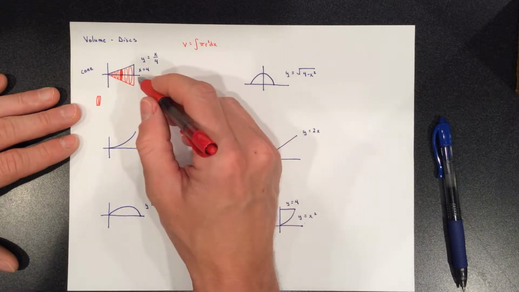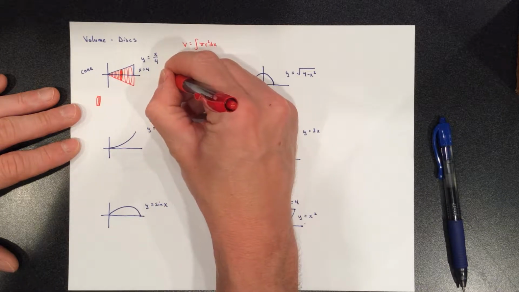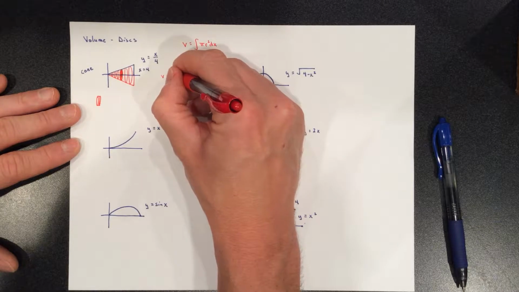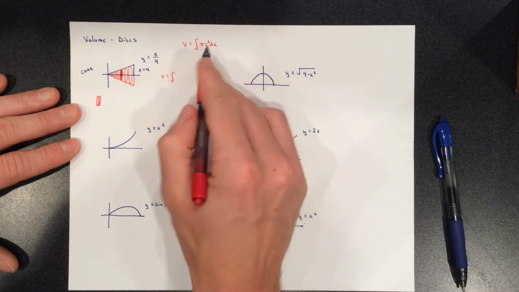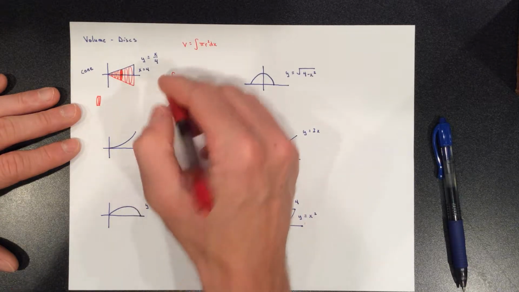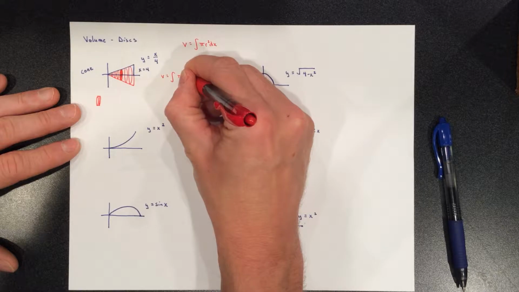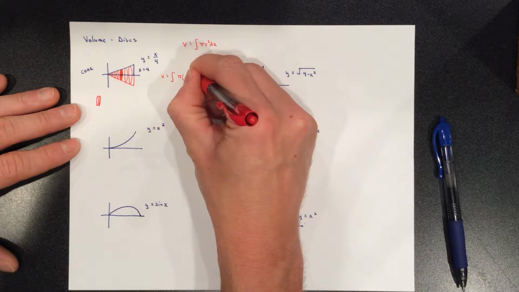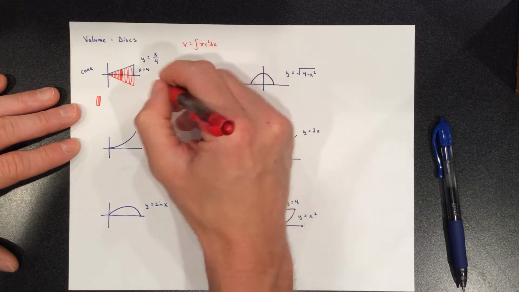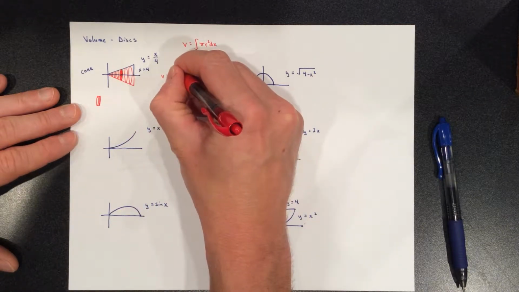So what we're going to do for this is say that the volume of this cone is the integral, and again, we're using this formula for every single one of these in this video, from 0 to 4 of pi times (x over 4) squared dx. Just think about this for a second.